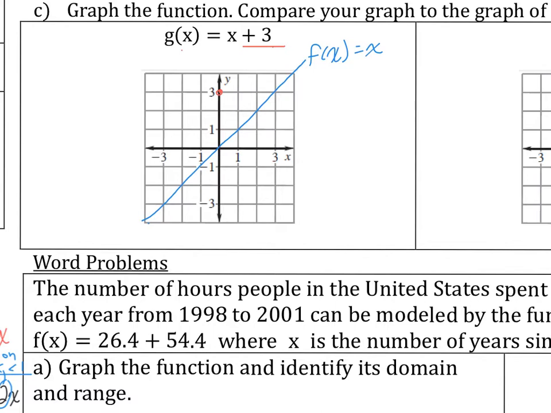And my slope is 1/1, so I'm going to shift up 1 unit and then make a right turn and shift 1 unit to the right. And end up at the point 1, 4. And I'm going to graph. Okay, so what happened here? How can I compare this to the parent graph f of x?